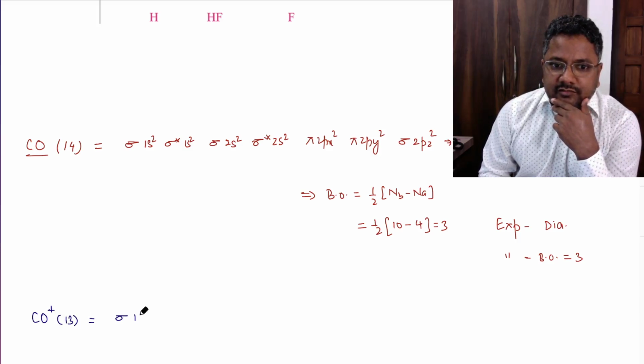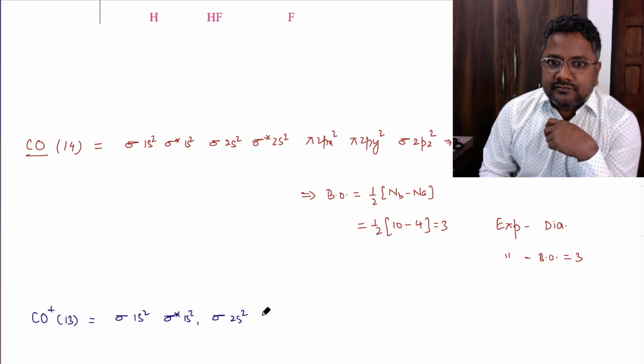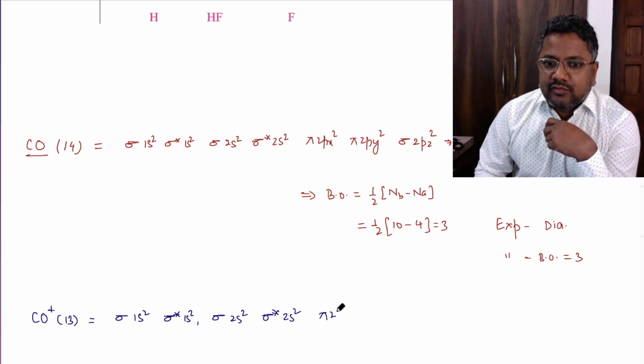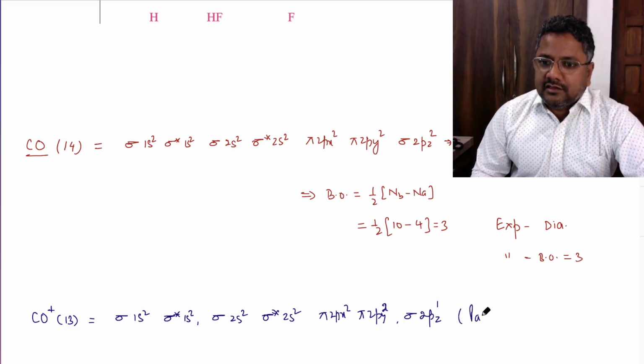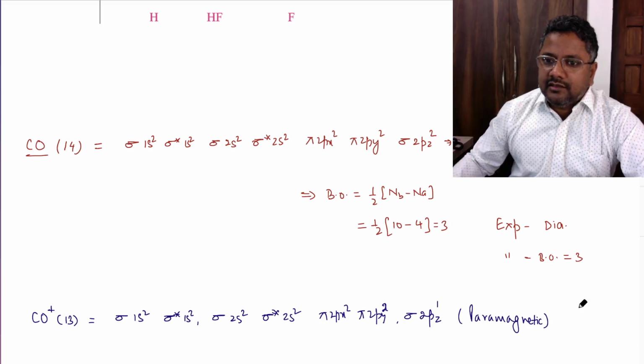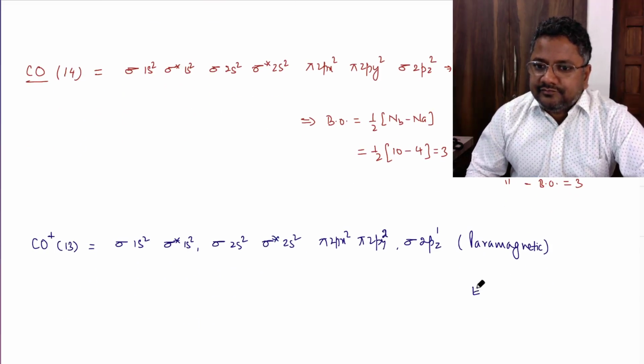So sigma 1s2, sigma star 1s2, sigma 2s2, sigma star 2s2, pi 2px2, pi 2py2, and sigma 2pz1, right? Now this is paramagnetic. Okay, very happy, because experimentally it is paramagnetic.